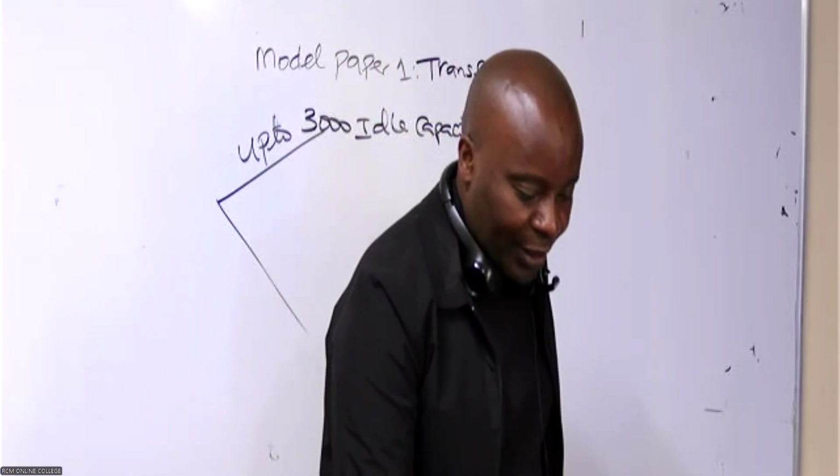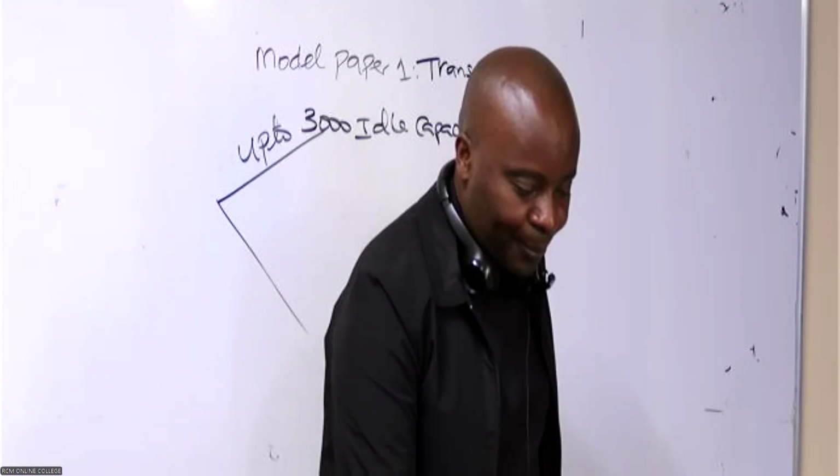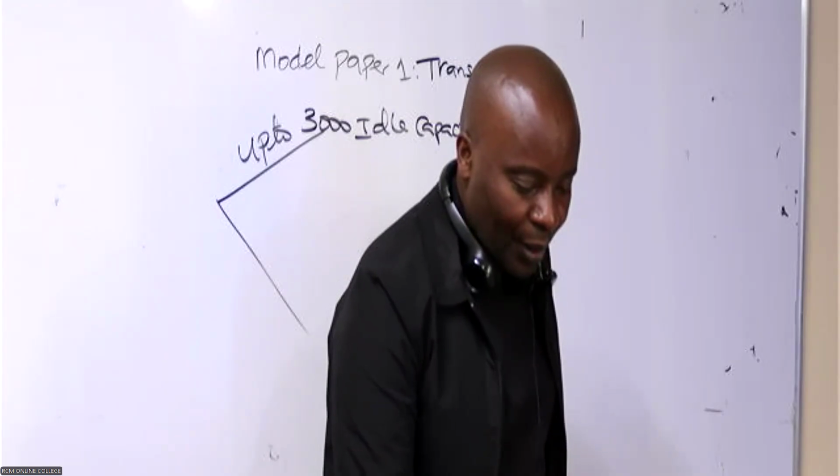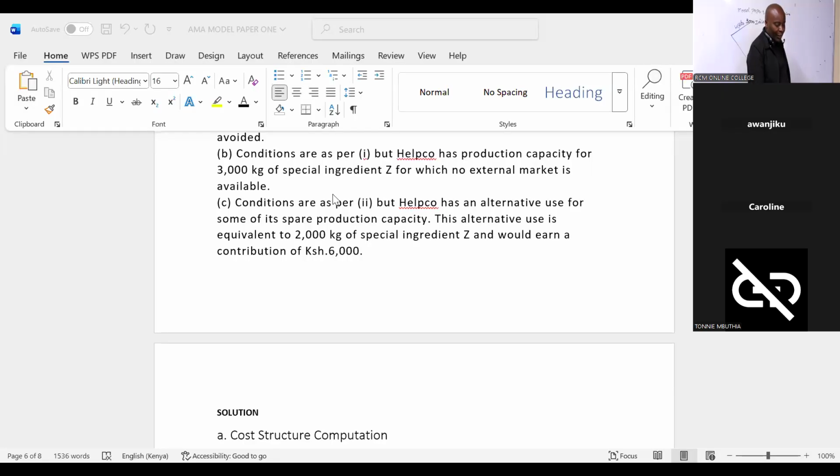So for condition 2, what are we told, ladies and gentlemen? That HelpCo has production capacity for 3,000 of this Z, for which there is no external market. If there is no external market, it means that we are idle.